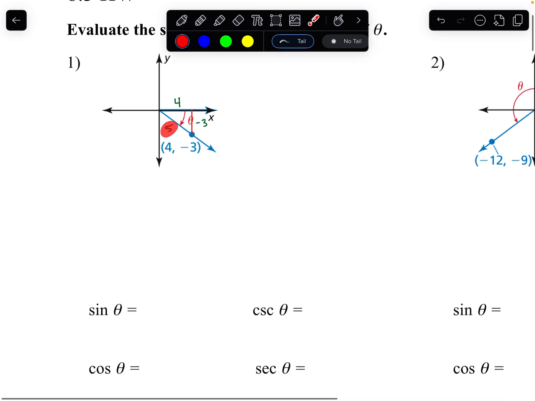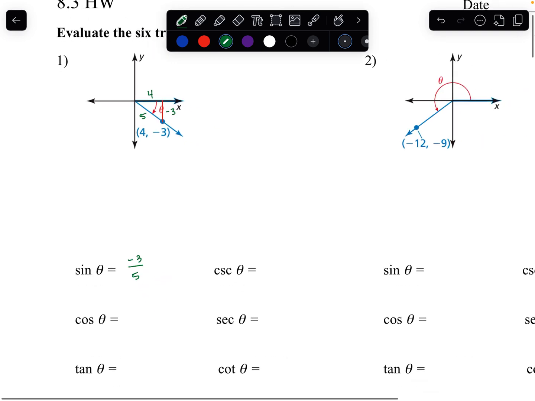Since we're going to use this as our angle theta, we get our 6 trigonometric functions by measuring from here, making this the opposite side and this the hypotenuse. So sine of theta is equal to -3/5. Cosine of theta, 4 is the adjacent side, so 4/5.